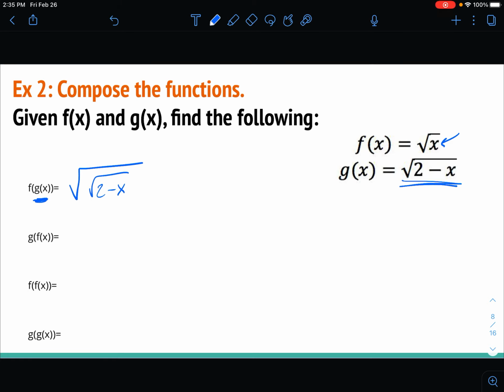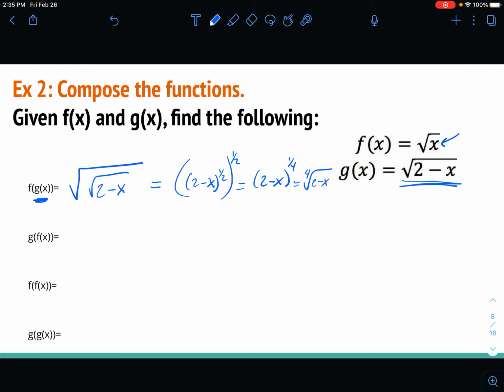Make sure that that's under the radical. So this is actually what this would be. And then we could also write this. We know that this is 2 minus x to the 1/2, all to the 1/2 if we go ahead and write it with rational exponents there. So this is really 2 minus x to the 1/4, or the 4th root of 2 minus x.